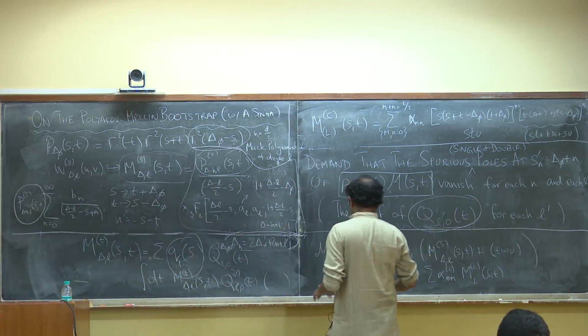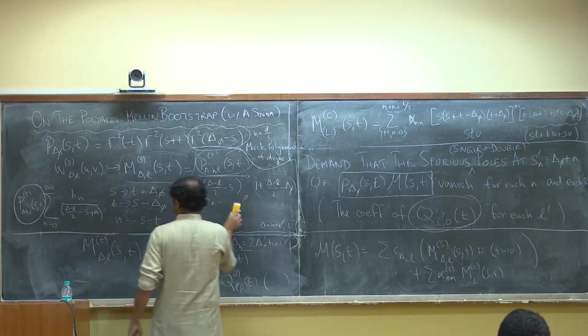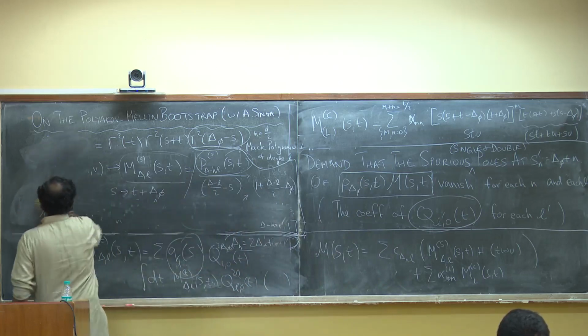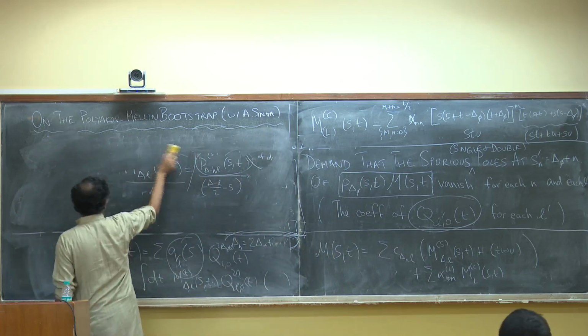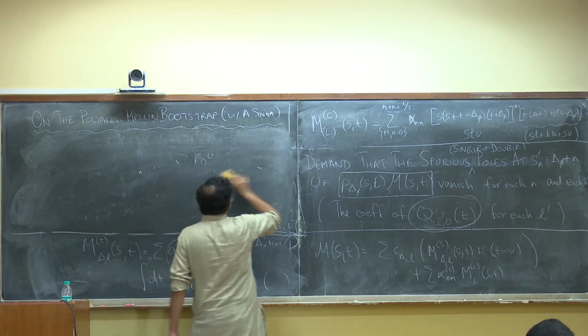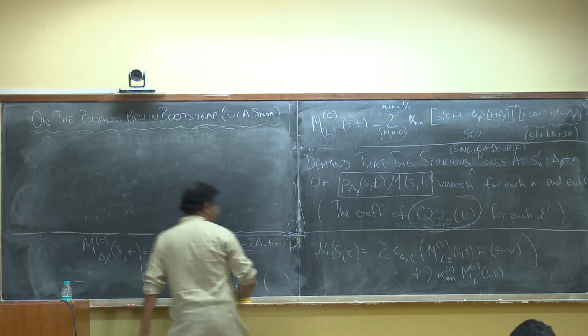So there is this part which is a technical thing, but in the Polchinski et al. approach, let me give you a very quick reminder of what Polchinski et al. did.